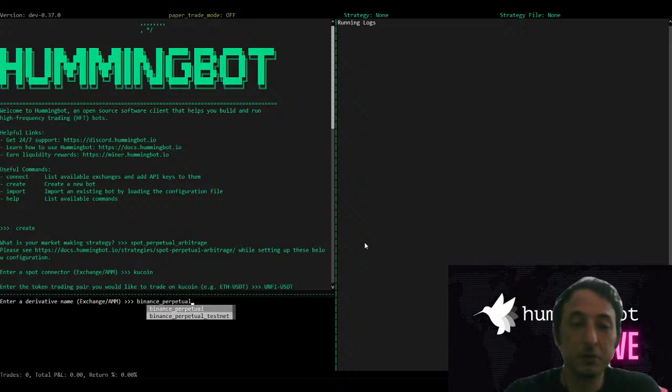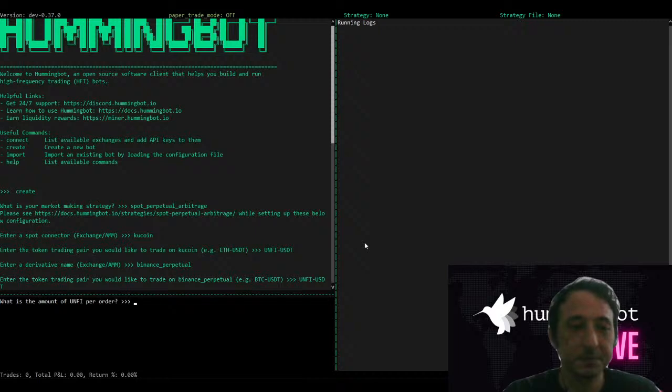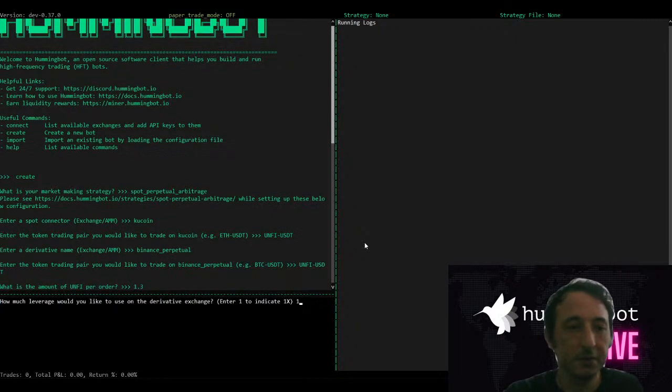For the example, we're going to use the Binance Perpetual. You have the same pair, of course, or else you can't do an arbitrage. What's the size of the order you want to trade? Let's take, for example, 1.3.